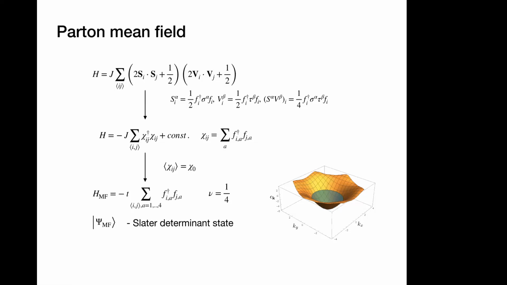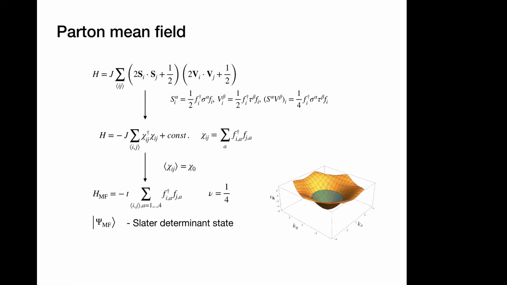And this gives me a mean field Hamiltonian which is simply described by hopping of the fermions on the lattice. Now, at the mean field level, the single particle per site constraint just corresponds to some filling of my bands, which you can see here on the right.